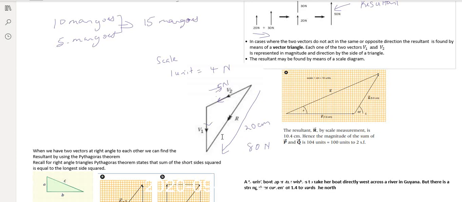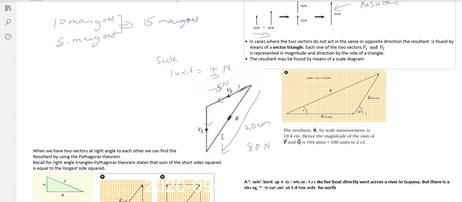This probably wouldn't be an appropriate scale that we're using, so we would have to make some changes. Because when you realize, this would be about a unit and something in terms of the length.